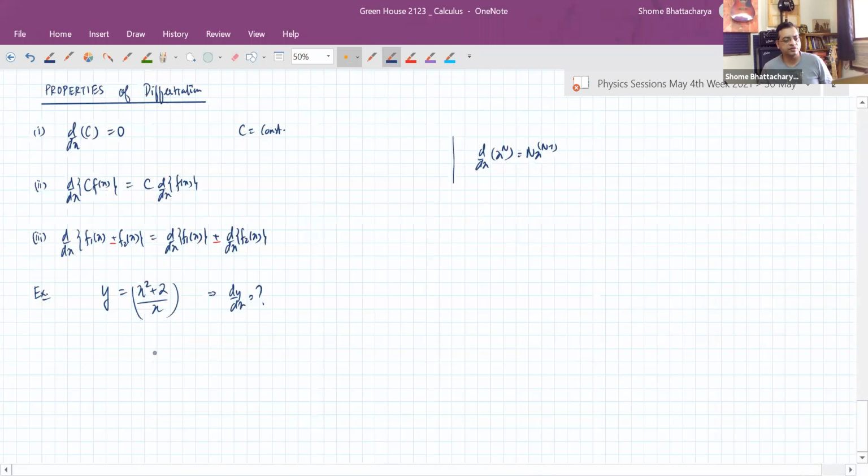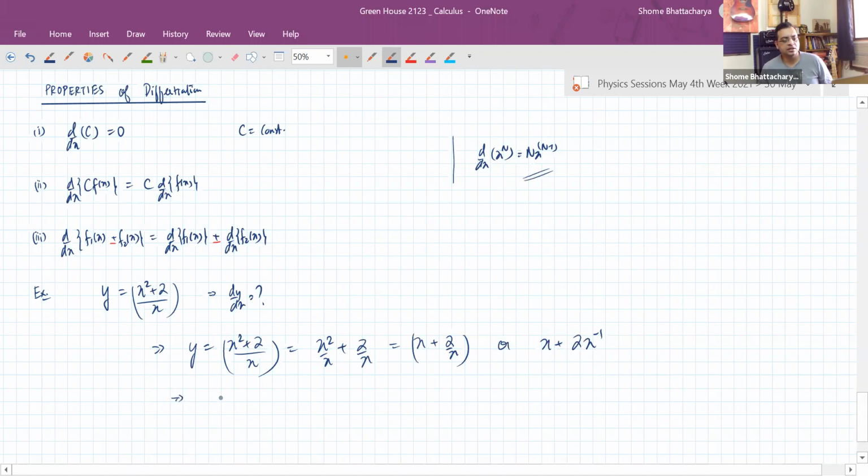So first step, x square plus 2 by x can be written as x square by x plus 2 by x. So that is x plus 2 by x. Or we can also write it as x plus 2 into x to the power minus 1, so that we can use this formula now.